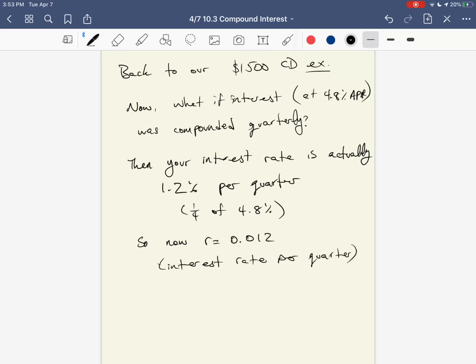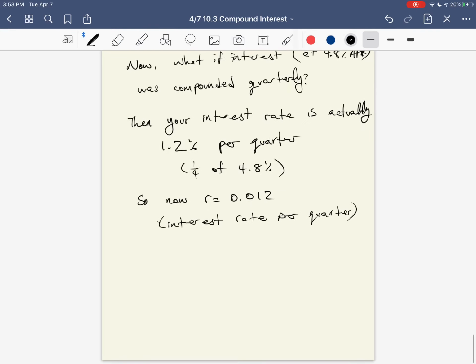And so if we want to calculate it now, we can just pretend like we were back in the annual compound interest situation, except that every year is now a quarter, and our rate is now a quarter of what it was.